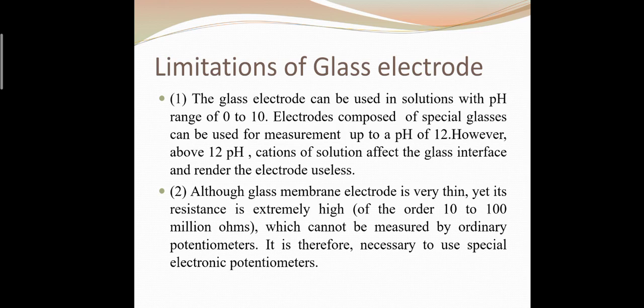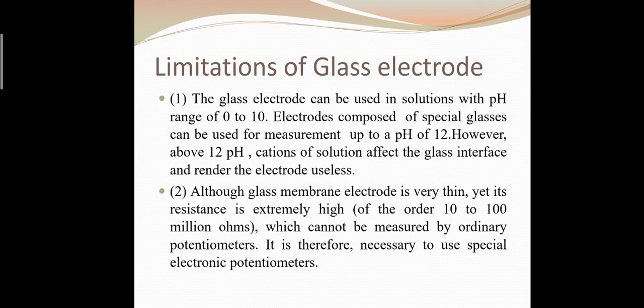Now the second limitation is that although the glass membrane electrode is very thin, its resistance is extremely high, of the order of 10 to 100 million ohms, which cannot be measured by an ordinary potentiometer. It is therefore necessary to use special electronic potentiometers.